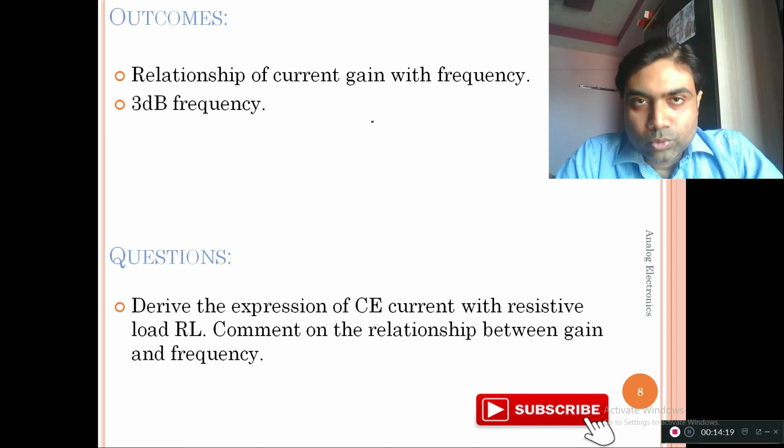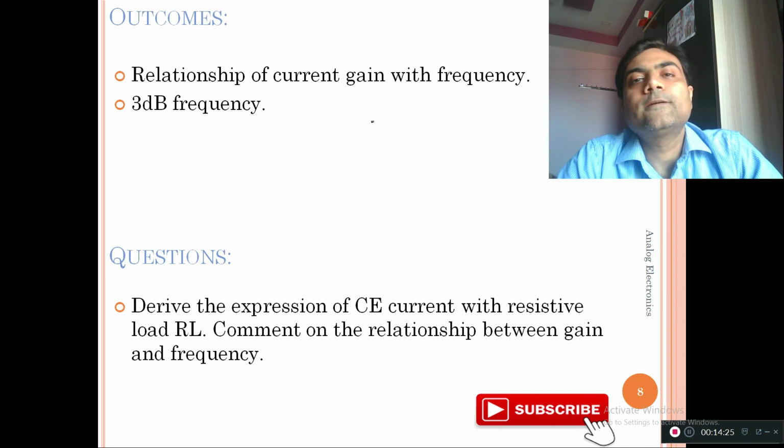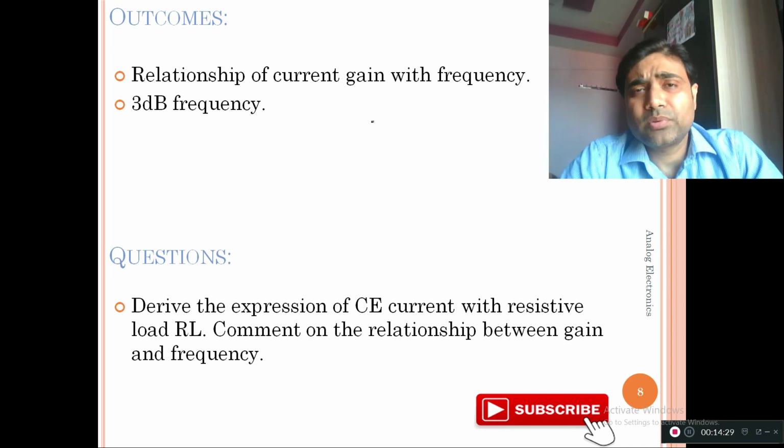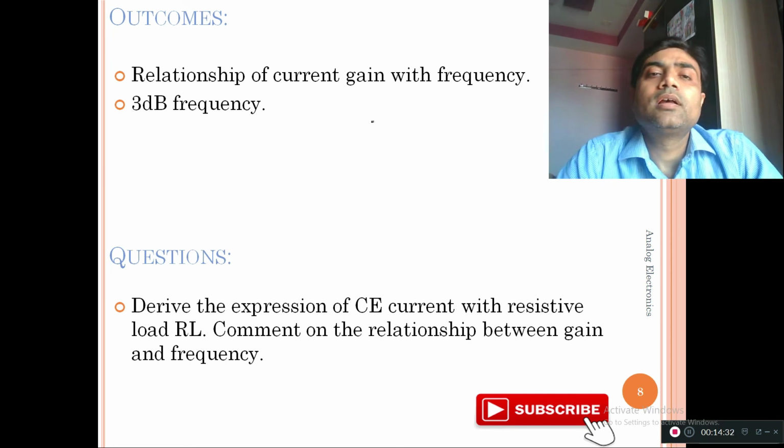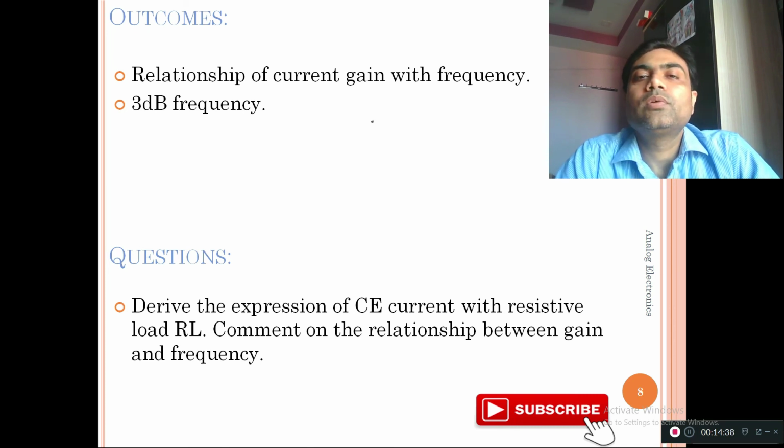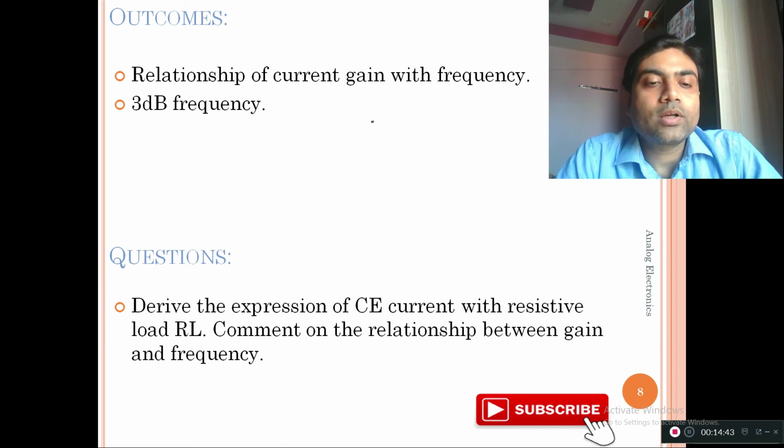To conclude, if we introduce a load resistance across the transistor amplifier, the value of the overall capacitance or overall frequency term is going to be reduced, and that will ultimately increase my gain. You can be asked to derive the expression of the common emitter gain with the resistive load RL and comment on the relationship between gain and the frequency.